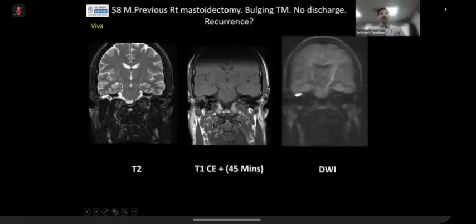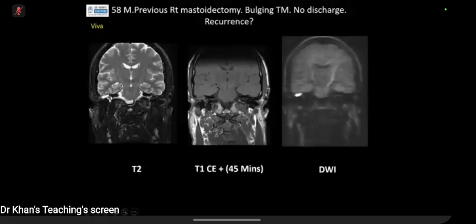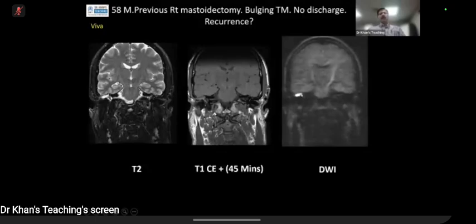Now, cholesteatoma will be high signal on T2 weighted sequence, and it will show restricted diffusion. So you did very well where you picked it up. If it was only fluid, it will be high signal on T2, and it will not show restricted diffusion. Granulation tissue can be high signal on T2, but it can show delayed enhancement.